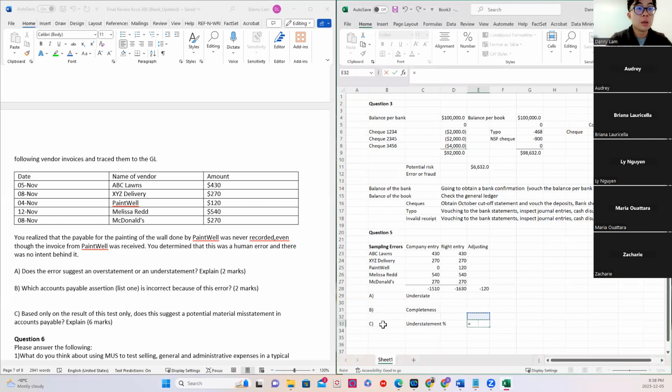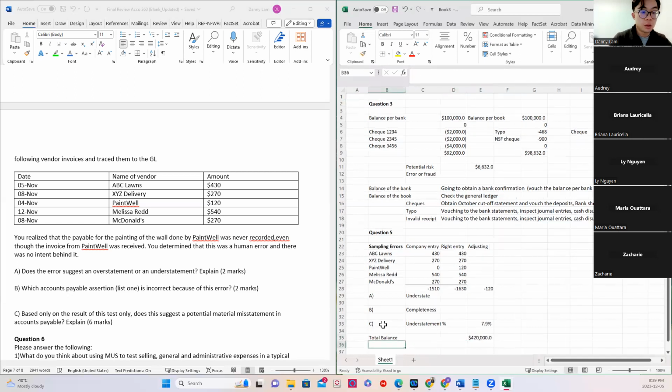So it's gonna be, so that's 8%. So let's say what's your population here? Its total balance is 120,000 in dollars.